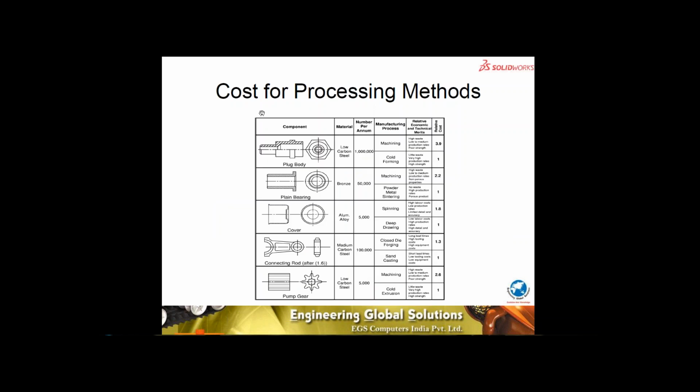Now comes the most important thing. What is the cost for the different processing methods? As can be seen in this table, the different relative costing with cold forming versus machining, powder metallurgy, sintering versus machining, deep drawing versus spinning, sand casting versus closed die forging, cold extrusion versus machining.